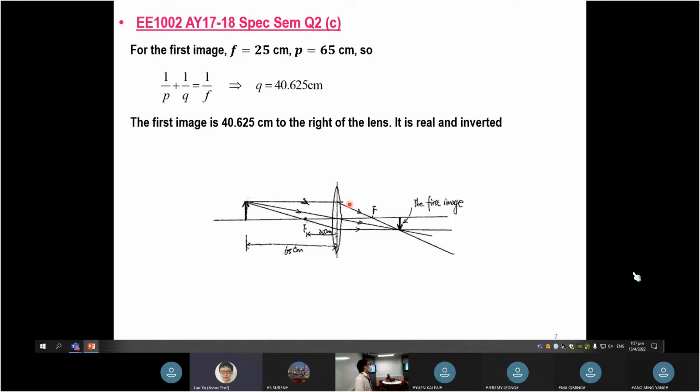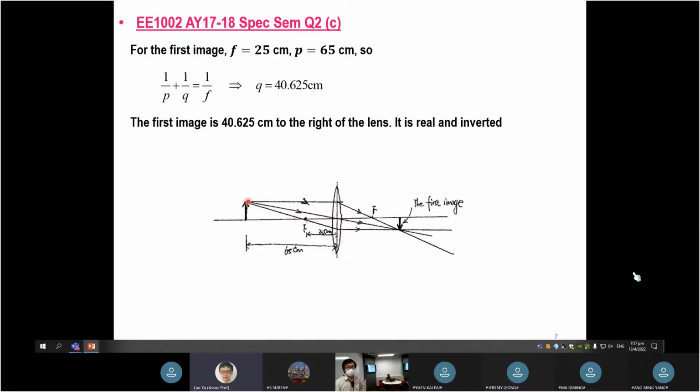To draw the ray diagram, we normally use either 2 out of these 3 rays. The first ray is emitted by the top of the image, passing through the center of the lens. This ray will not change direction; it will go straight through.